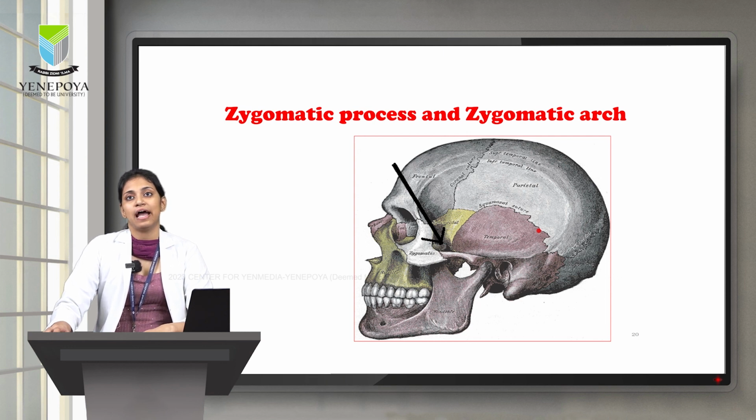Zygomatic process and zygomatic arch. The zygomatic arch, otherwise called the cheekbone, is formed by the zygomatic process of the temporal bone and the temporal process of the zygomatic bone, which are united by an oblique suture called the zygomatico-temporal suture.